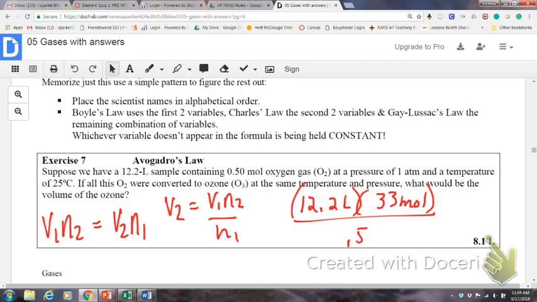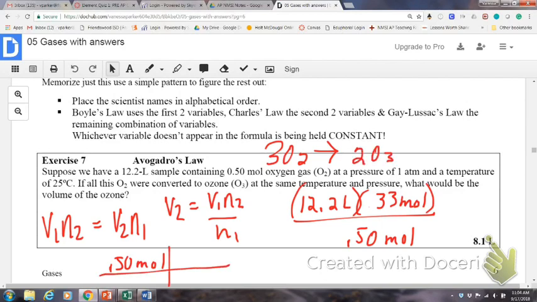Oh, I think I had to figure out how many moles. That's what I did. So what I did here is I had 0.5 moles, right? We have 3 oxygen going to 2 ozone. So if I'm starting out with 0.5 moles, it is a 2 to 3 ratio.